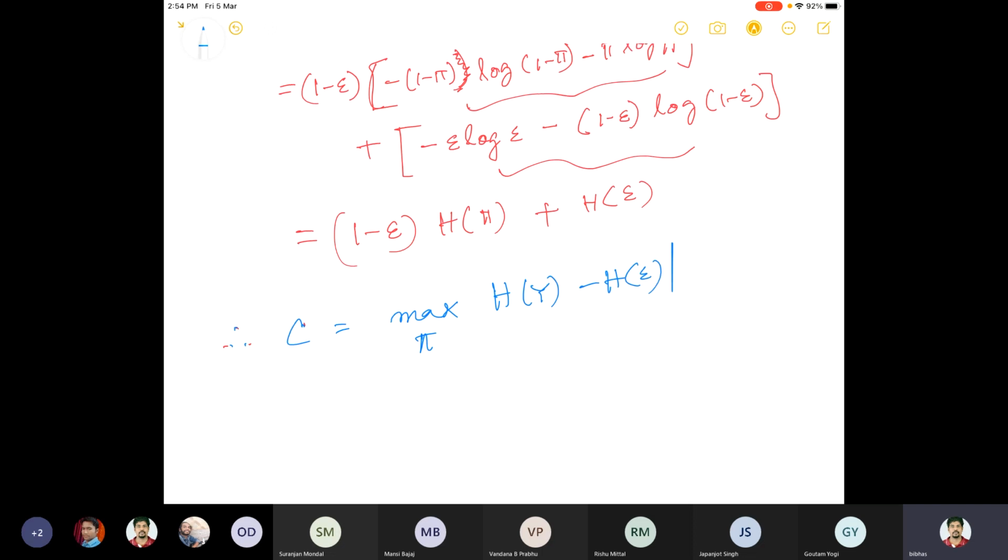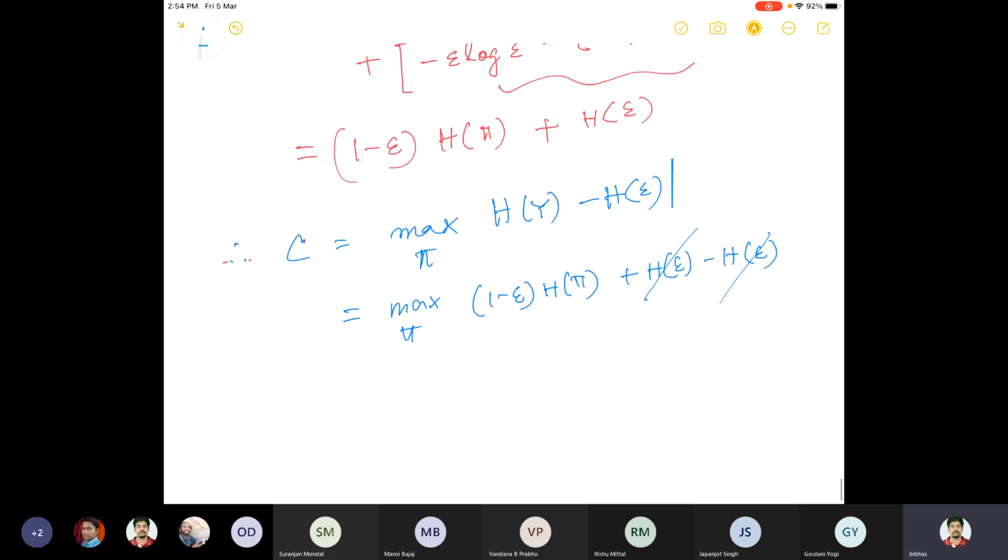So this is max over pi of 1 minus epsilon times h of pi plus h of epsilon minus h of epsilon. So this will get cancelled. So this is basically max over pi of 1 minus epsilon times h of pi.